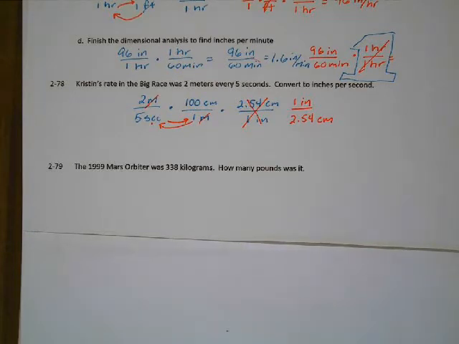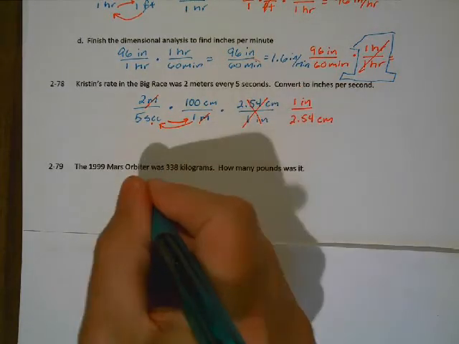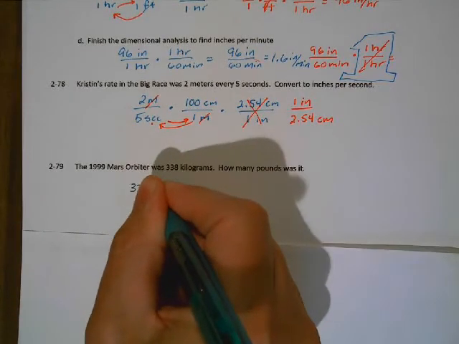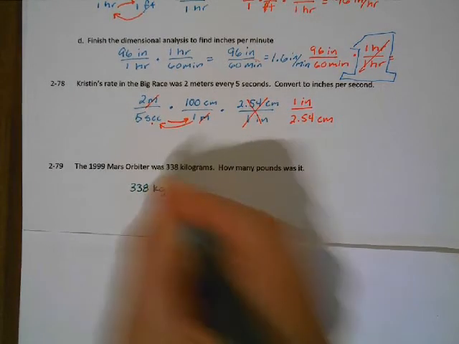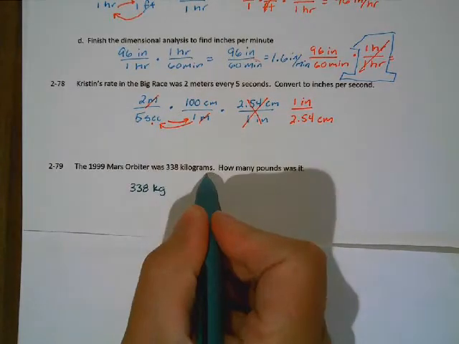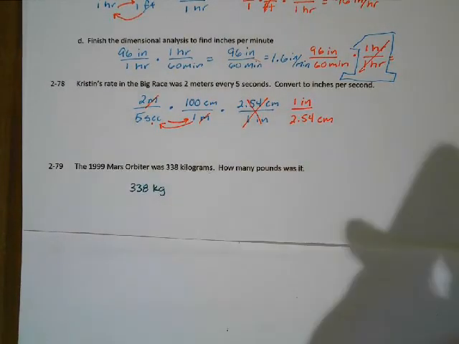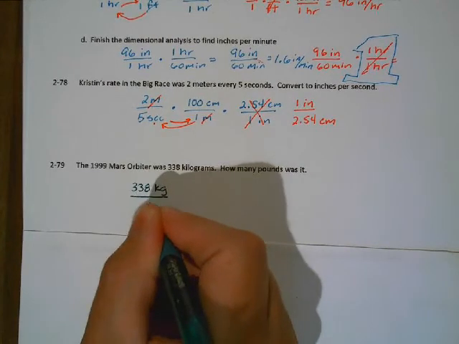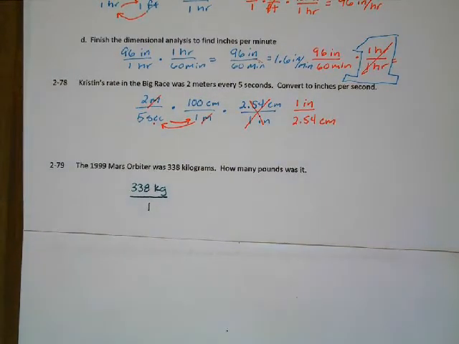Now this is going to be slightly different on this one because we're going to start with 338 kgs, but notice this is not a rate. It's just a measurement. So we're going to just put this over 1. There's not going to be any units in the denominator for the very first ratio that we make.